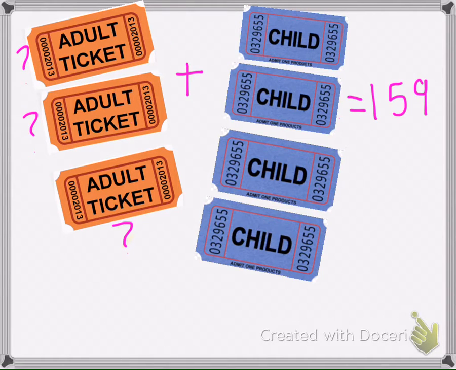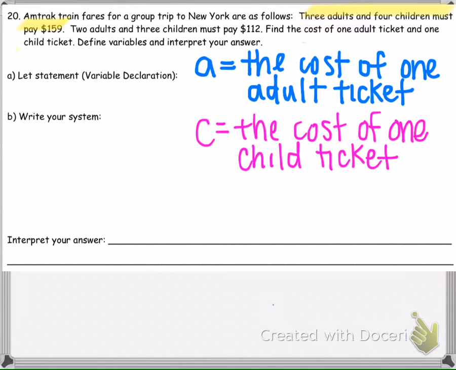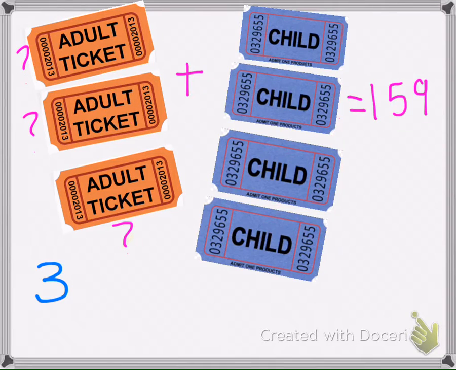But we know that we need to add 3 adult ticket costs. Well, adding is the same thing as multiplying. So there's 3 adult tickets, and we let A represent the cost of 1 adult ticket. So that is why we're going to have 3A, because we need to add 3 adult tickets, and adding is the same thing as multiplying.